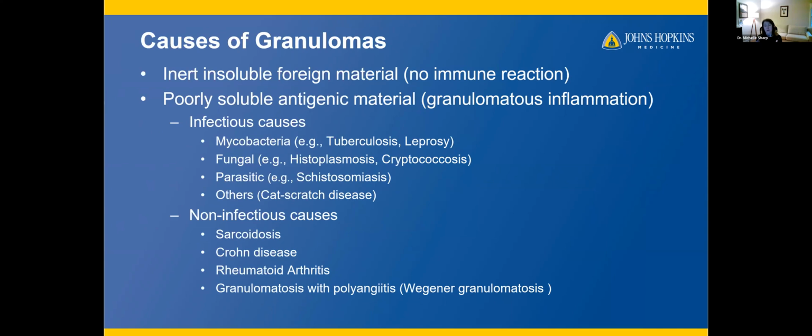It is also a normal response of your immune system in certain cases, like infections, where your body is trying to protect itself, such as mycobacterium or tuberculosis and fungal infections. You'll see on the list there are also non-infectious causes, and sarcoidosis is not the only non-infectious cause of granulomas. That was a general overview of what granulomatous inflammation and granulomas are.